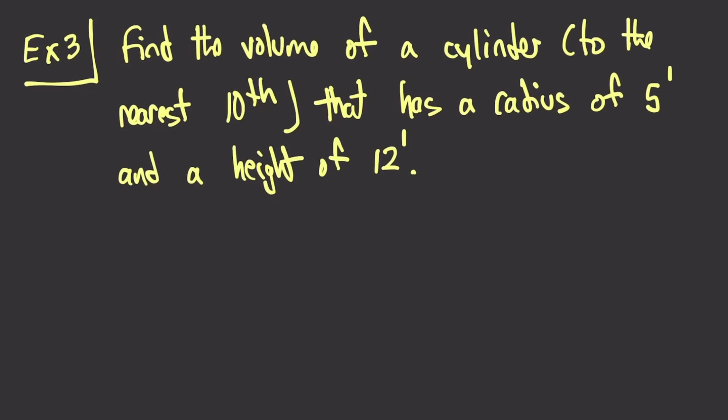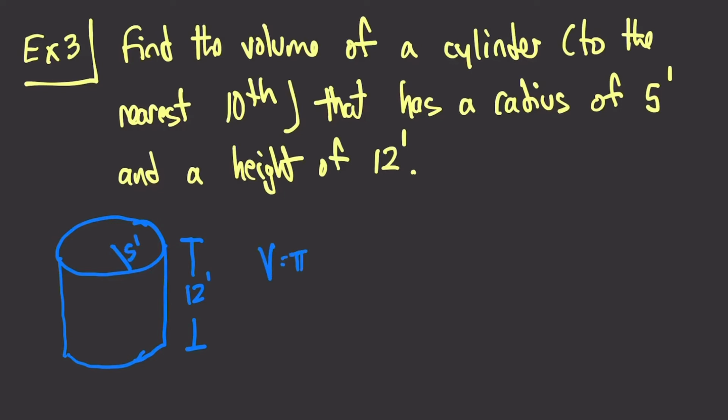All right, our next example, find the volume of a cylinder to the nearest tenth that has a radius of 5 feet and a height of 12 feet. All right, so cylinder we talked about, it's kind of like a can. Try and draw it as best I can. So the height is 12 feet, and the radius is 5. So it's important that you have the radius, because that's what you use in the volume formula. It's going to be pi r squared h.